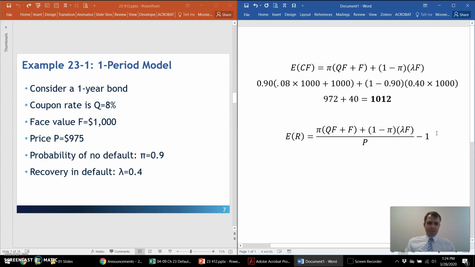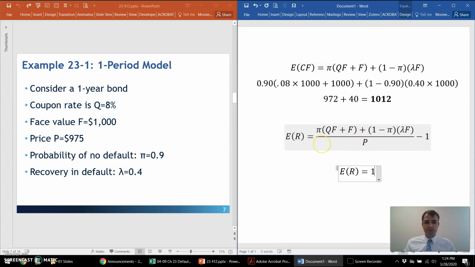And so that's the expected cash flow, and the expected return is just a function of that. This is our default adjusted expected return for this bond. You can see this numerator is just the expected cash flow as a fraction of the price, right?